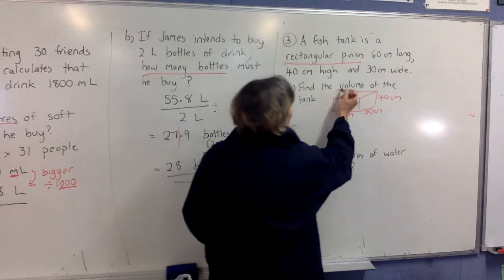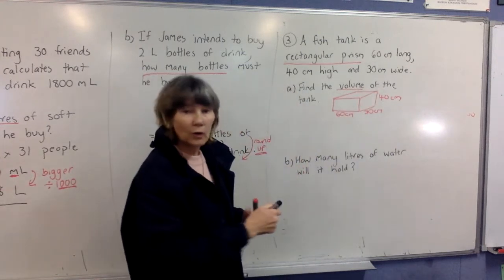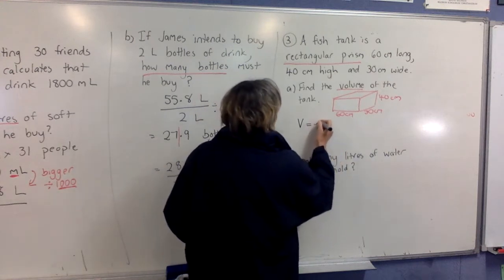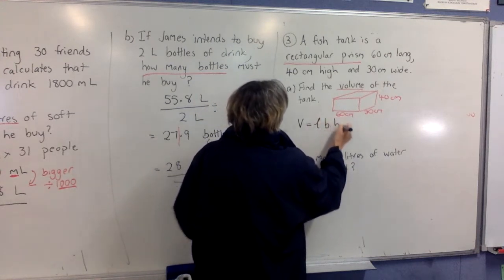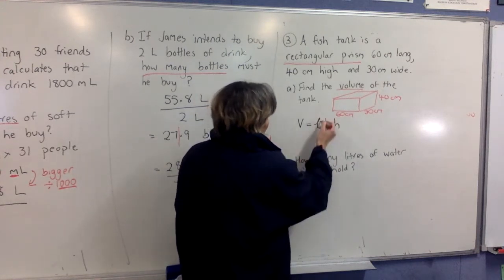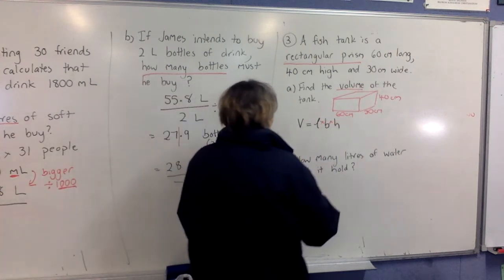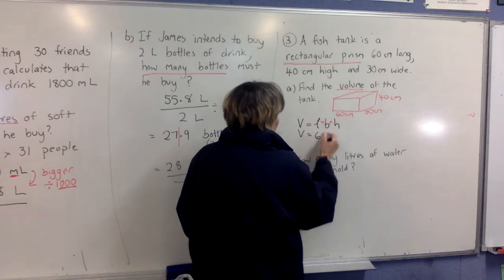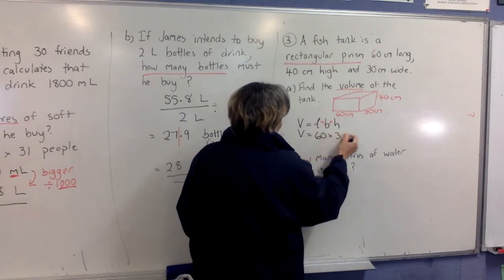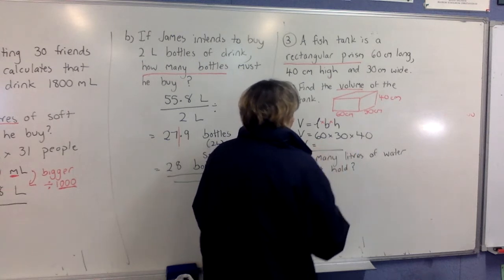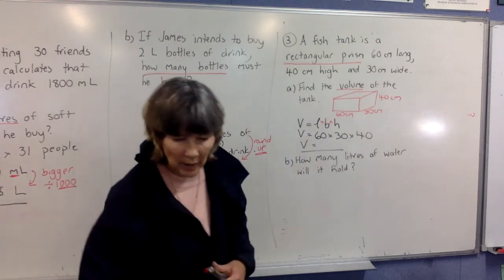We're finding the volume of it. Now we've done this before. So the volume of a rectangular prism is length times breadth times height. So we're going to put those numbers in. So we've got V equals 60 times 30 times 40. And we're going to go to our calculator and work that out.